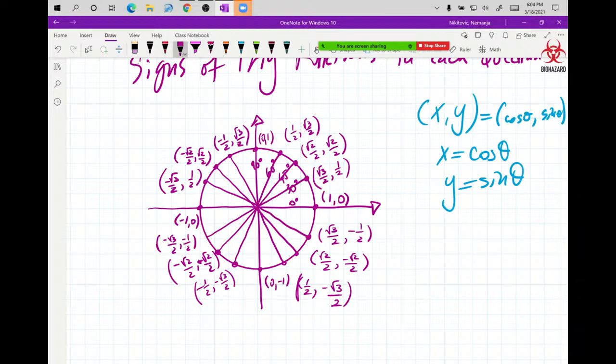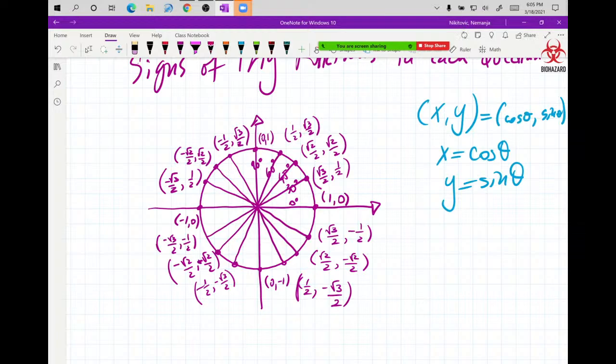And we are going to make a very specific acronym for it that you will hopefully remember forever. But let's see first. What I see here, remember that my x coordinate is cosine and my y coordinate is sine. When I look at my first quadrant, nothing weird is going on there.